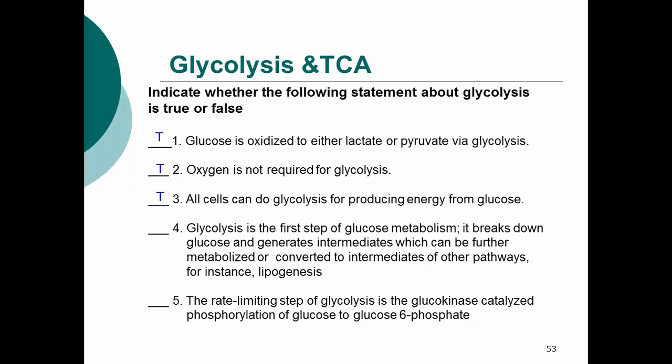Glucose can be converted to fat through the TCA cycle. Citrate is the key molecule. Number 5. The rate-limiting step of glycolysis is the glucokinase-catalyzed phosphorylation of glucose to glucose 6-phosphate. Yes. The first key reaction, remember?